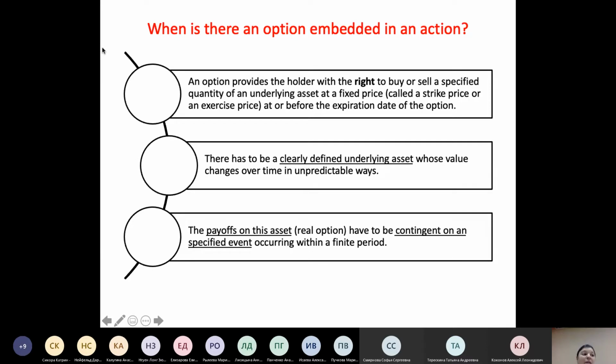We proposed earlier the classification: before the expiration day, this style is named American style, and on the expiration day, this style is named European style of option. And there has to be a clearly defined underlying asset whose value changes over time in unpredictable ways. And certainly our real options help us to fix all conditions at a spot moment of time.